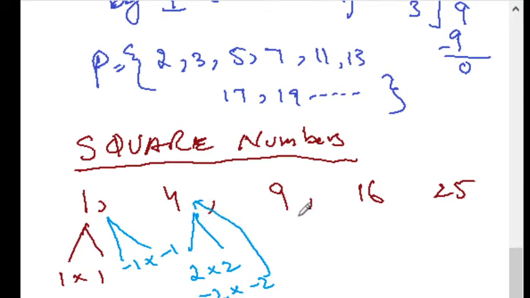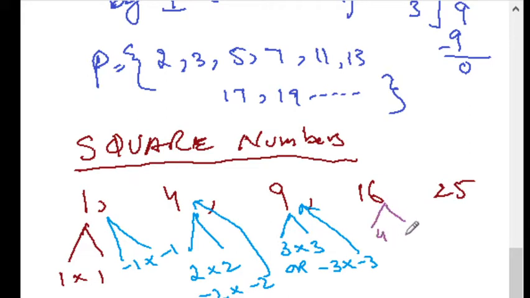If I multiply 3 with 3, I get 9, and -3 times -3, again I get 9. Similarly, for 16, if I multiply 4 with 4, I get 16, and -4 times -4, again we get 16.